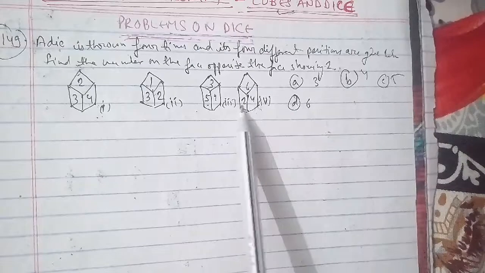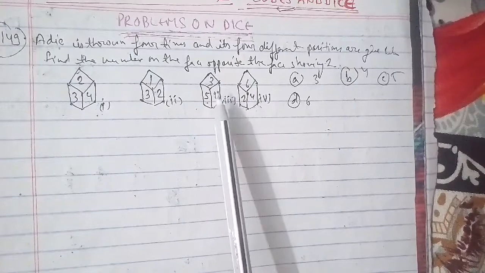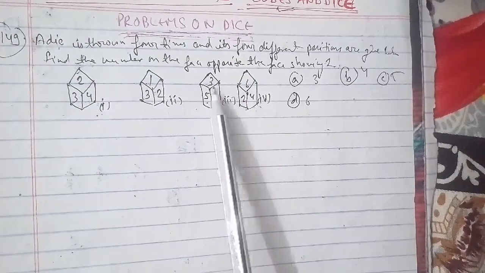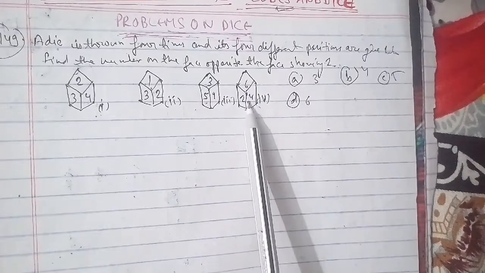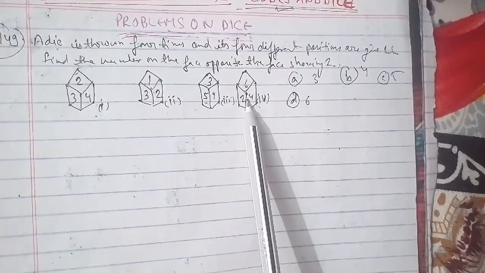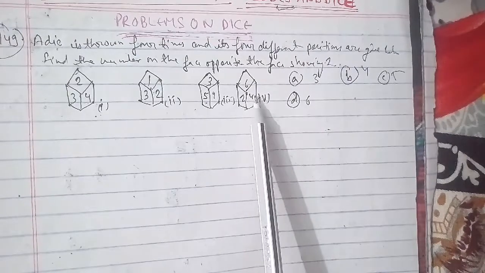Here 5 is not adjacent to 3, and 2, 6 and 4 have been shown adjacent. So 5 is present on the face opposite.